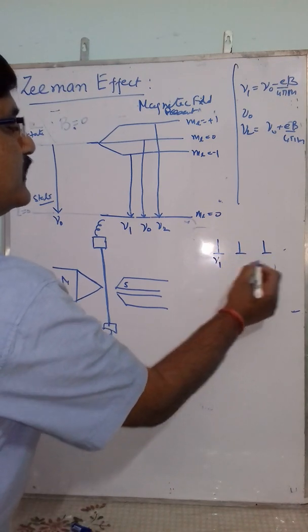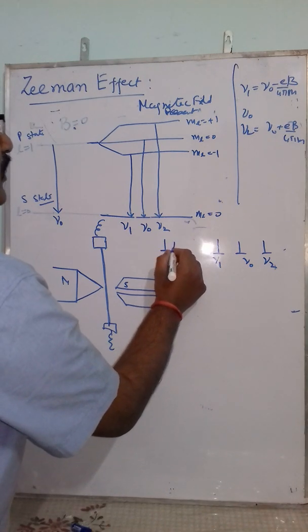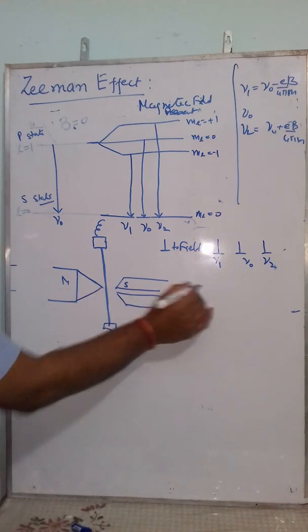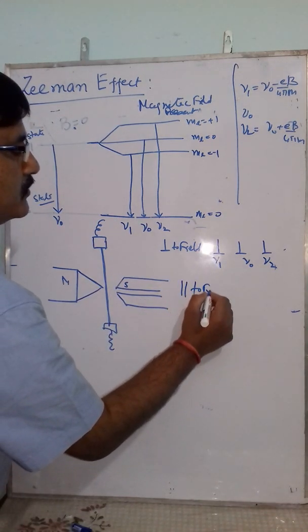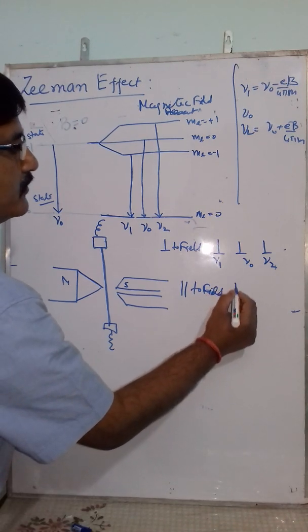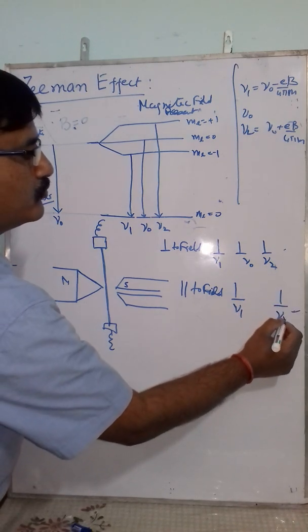This is nu1, this is nu2 and this is nu0. This is perpendicular to the field. And if you observe parallel to the field, you will observe only nu1 and nu2, right?